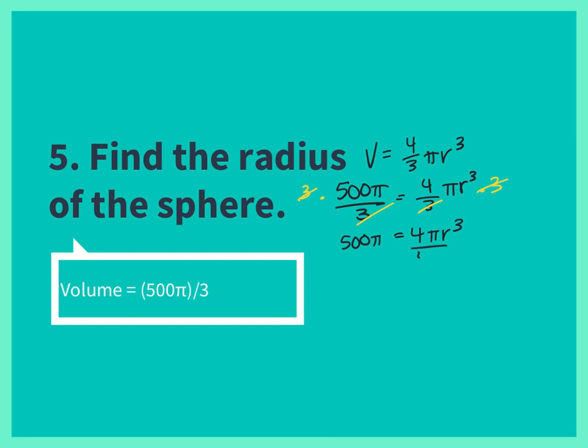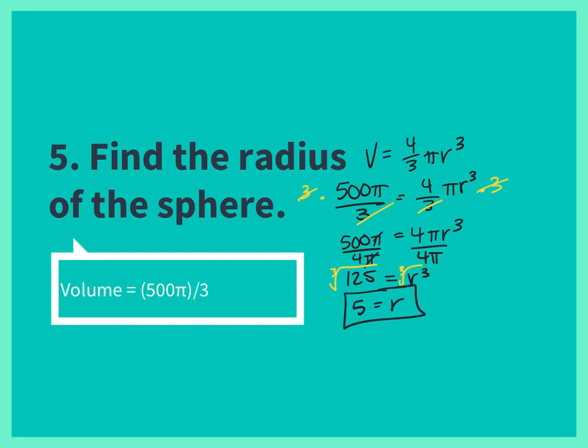Now I can divide both sides by 4 pi. 500 divided by 4 is 125. Pi divided by pi cancels, so I have 125 equals r cubed. I now need to cube root both sides. And I get 5 equals r.